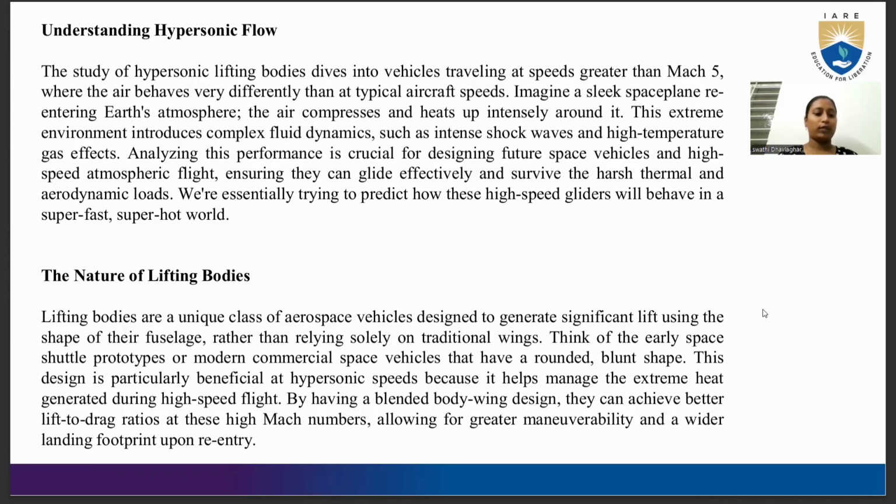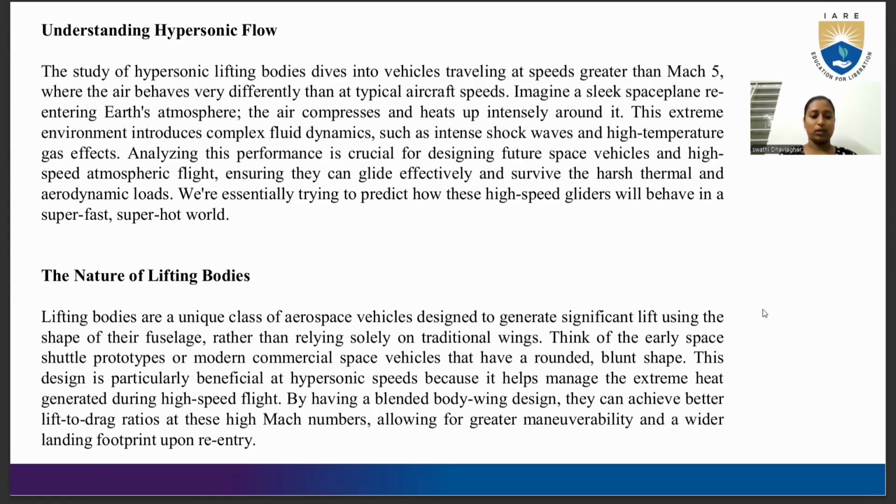The nature of lifting bodies. Lifting bodies are a unique class of aerospace vehicle designed to generate significant lift using the shape of the fuselage rather than relying solely on traditional wings. Think of the early space shuttle prototypes or modern commercial space vehicles that have a rounded, blunt shape.